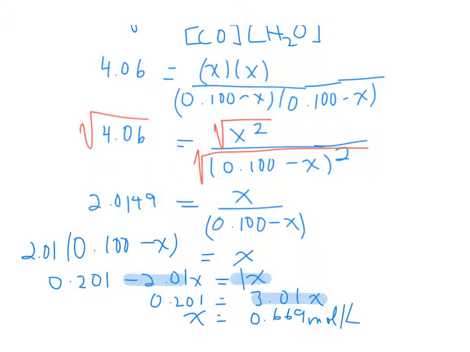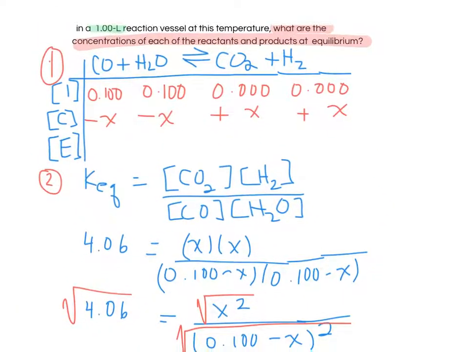And so now I can go ahead and perform the final task. I'm going to call this step, where are we now? Is this step 3? Not sure. I can utilize my value of x and these equilibrium expressions that I have right here to solve for the concentration of each species at equilibrium.